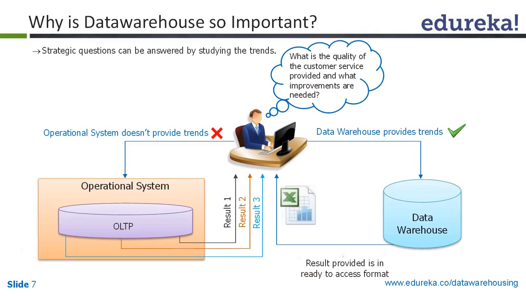And one more important factor is trends. You can study trends because a data warehouse holds the entire history. For example, let us take January 2014 to August 2014. If we are in September, it holds data till August 2014. Now I can see what trend is happening.